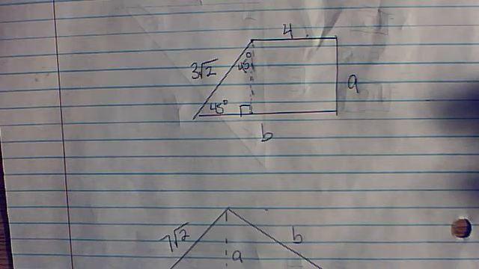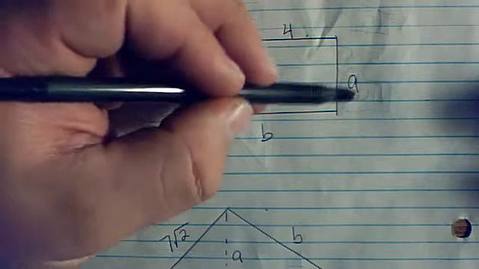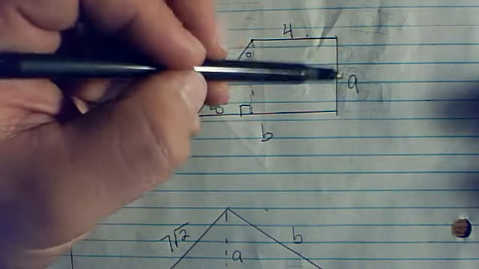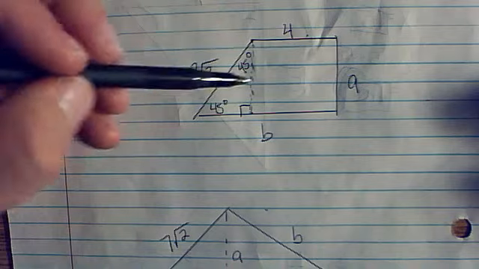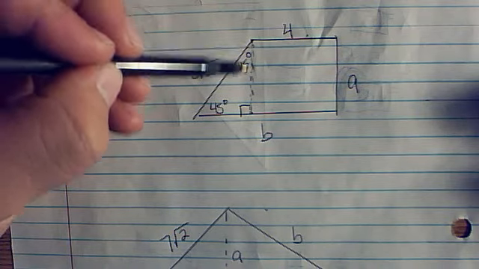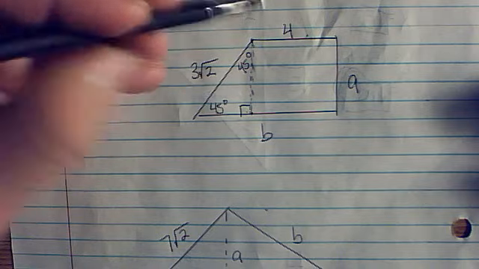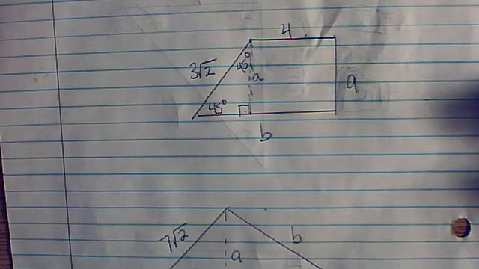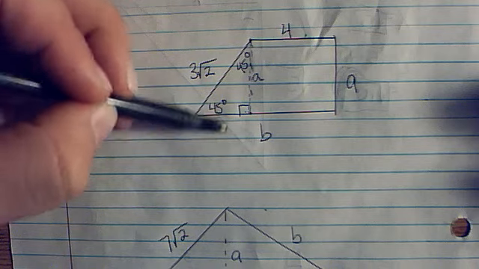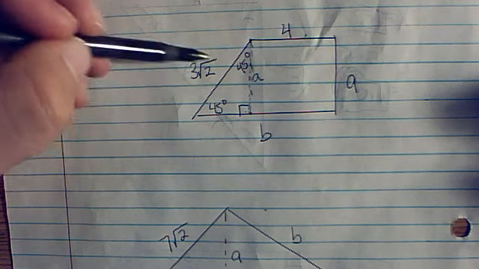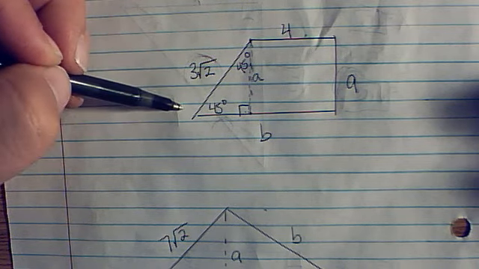Now what I'm trying to figure out is this value for A, and I know that this value of A should be equivalent to the same length here between base 1 and base 2, this whole perpendicular line. So this will also be the value of A. Now, I know in a 45, 45, 90 triangle that this leg times the square root of 2 should give me the hypotenuse.